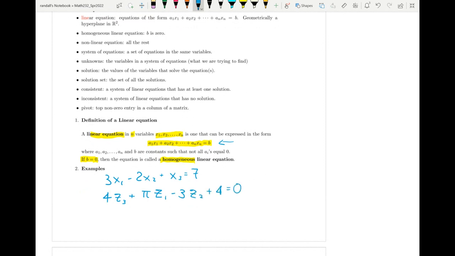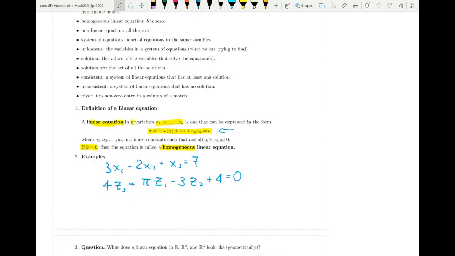I purposely wrote this in a less orderly fashion because that's maybe the way the equation is given to you. I didn't order the variables from left to right, and I didn't put all the constants on the right-hand side, but you can do that afterwards. We would like to have our equations, and as we'll see below, our systems of equations, in an ordered form as presented in these notes. So that may be something you'd have to do at the beginning.